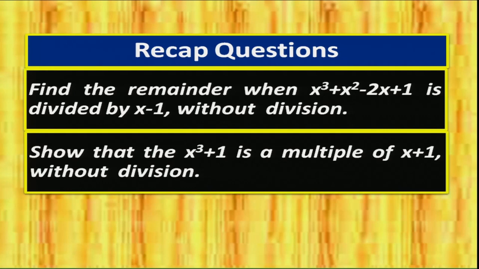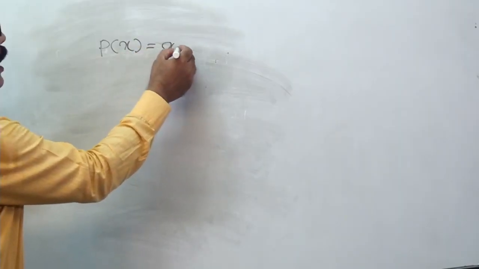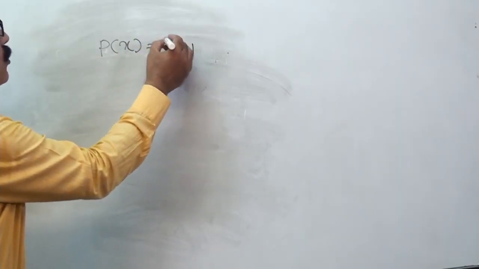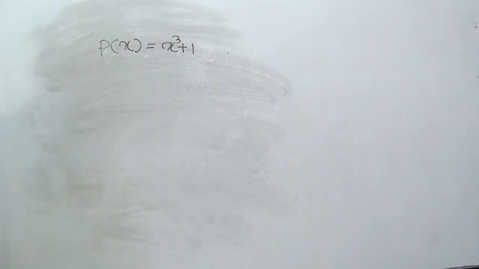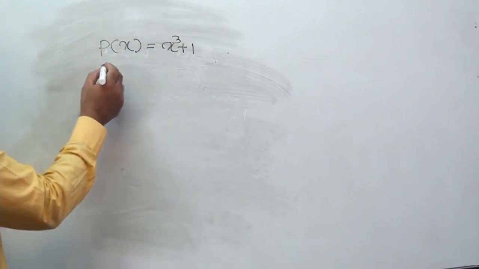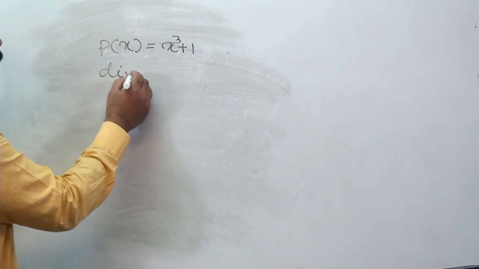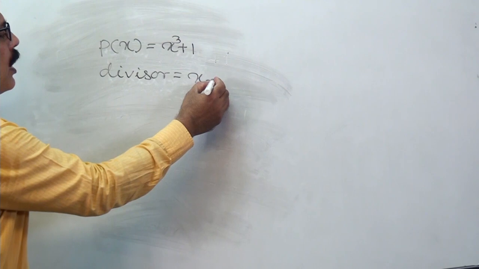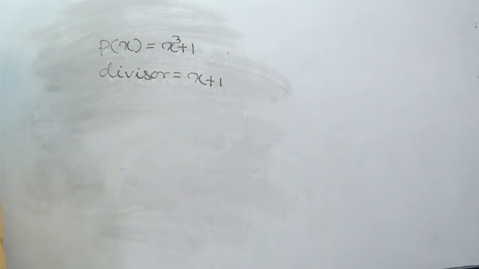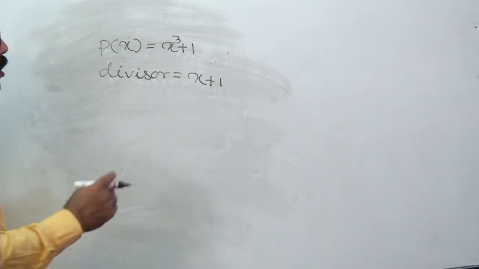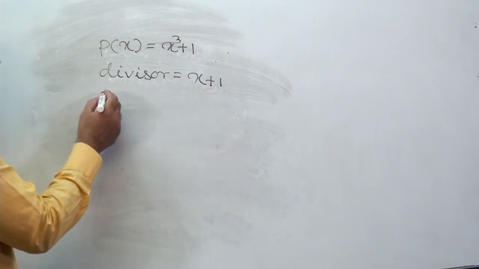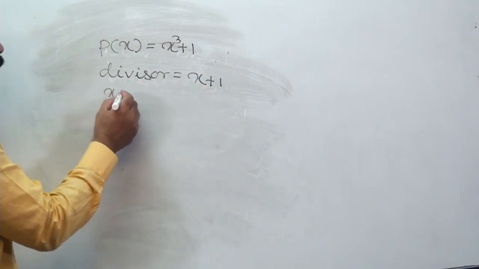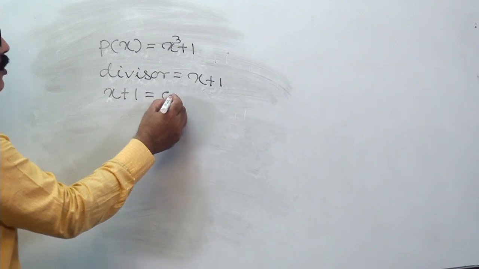So our p(x) is x cube plus 1. What is our divisor? Divisor is x plus 1. Then what is a? To get a, we have to find x plus 1 equal to 0.